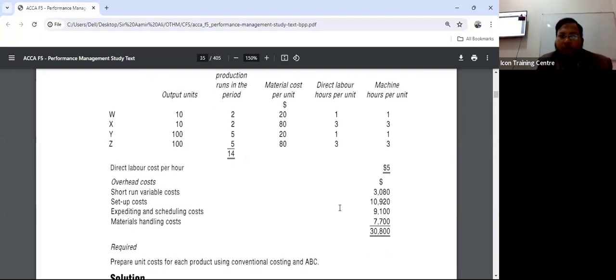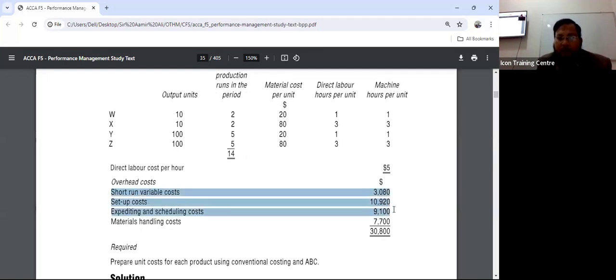So if you further look at the question, it says that direct labor cost per hour is $5. Okay. Then we have overhead costs. Now we have 4 overhead costs. Short-run variable cost, we have 3080. Then we have setup cost, expediting and scheduling cost, and material handling cost.